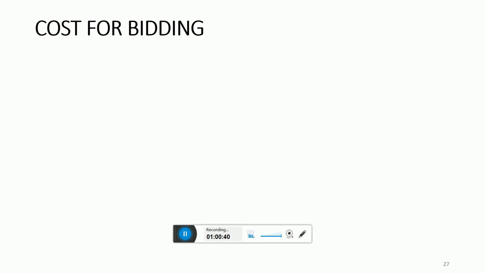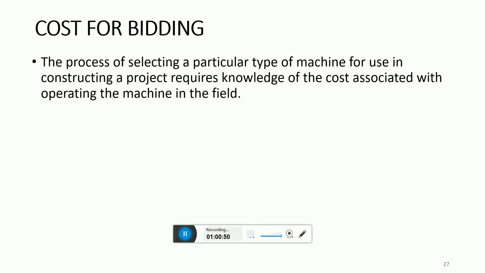So in the cost of bidding, we have different costs. The two basic costs are the ownership cost and the operating cost. But here we are going to discuss only the ownership cost.